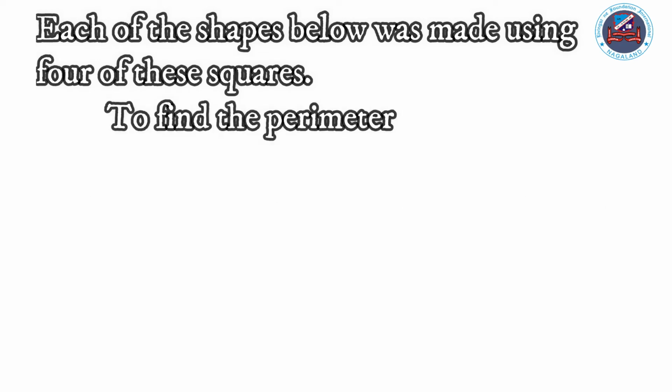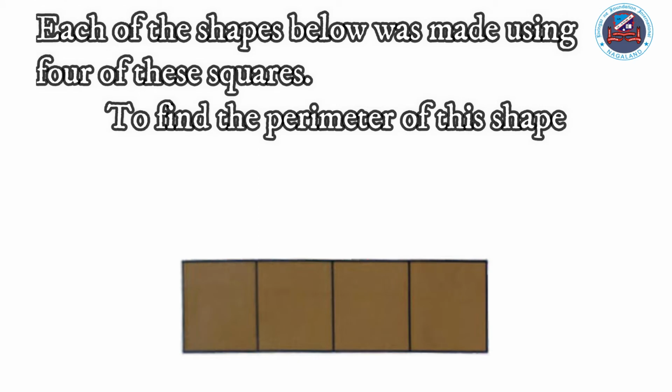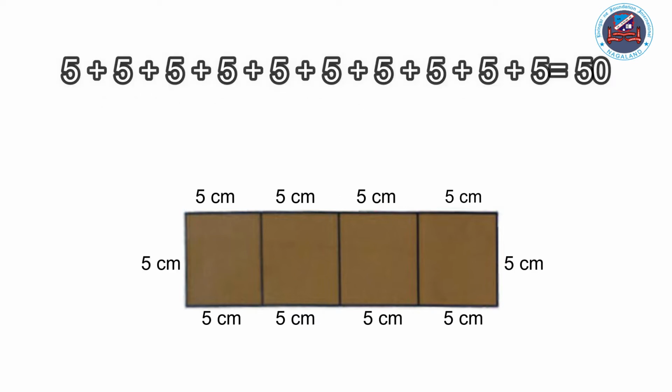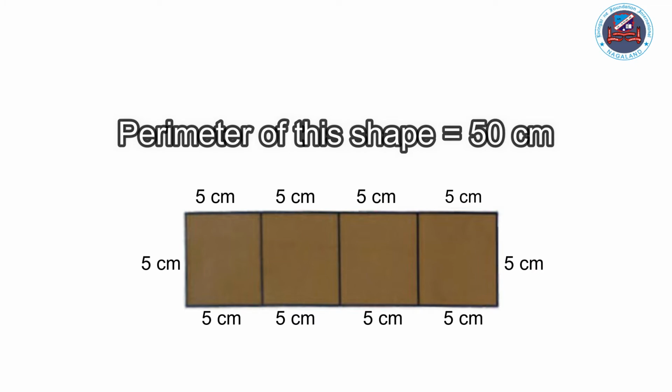To find the perimeter of this shape, we're going to add 5 on each side of the square length around the shape. So we add 5 4 times on the longer sides and 1 time on the shorter sides. Let's add up all these numbers together. We get 50. So the perimeter of the shape is 50 centimeters.